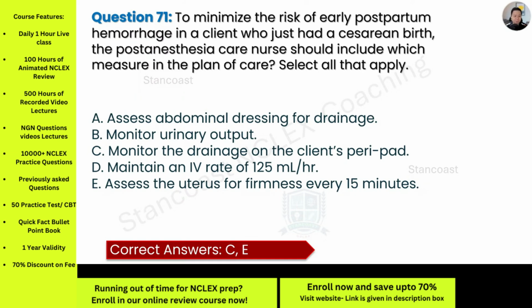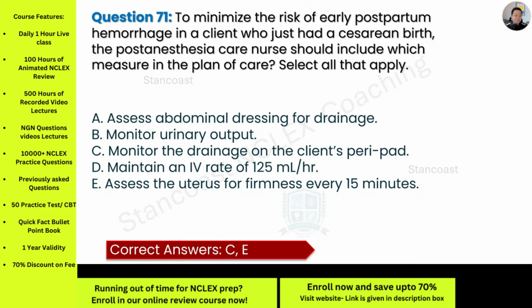So eliminate that one. Letter B is also incorrect. We know that monitoring of the urinary output is also important, but it's only important for hydration and kidney function, but it's not specifically related to the early detection or prevention of the postpartum hemorrhage.